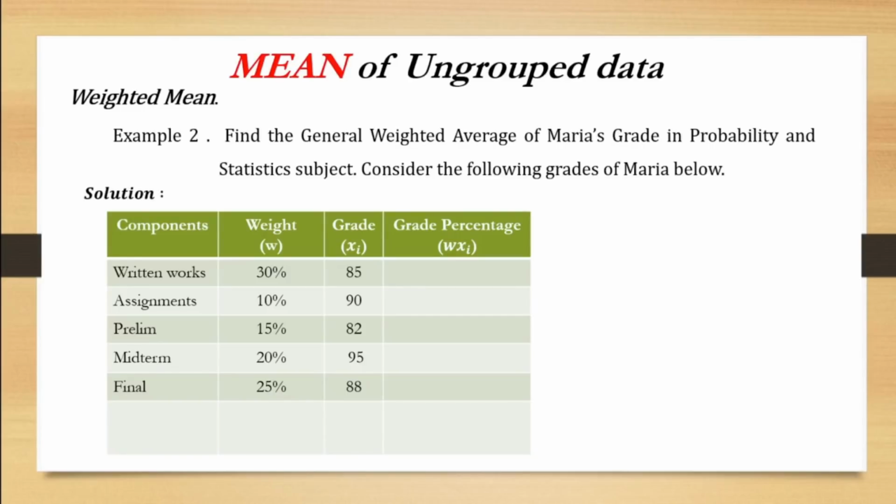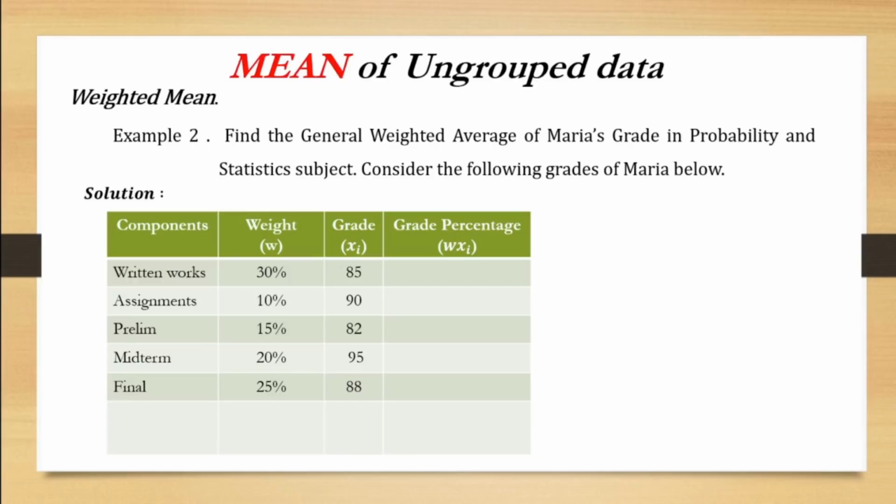So if we have 30%, that becomes 30 divided by 100, which is 0.30. 10%, 10 divided by 100, which is 0.1 or 0.10. 15% becomes 15 divided by 100, which is 0.15. 20%, 20 divided by 100, which is 0.20. And 25% is 25 over 100, which is 0.25.